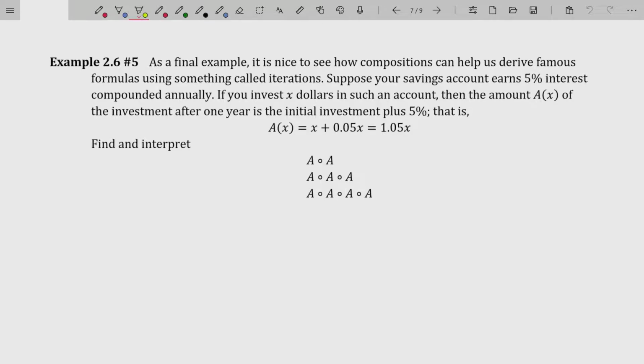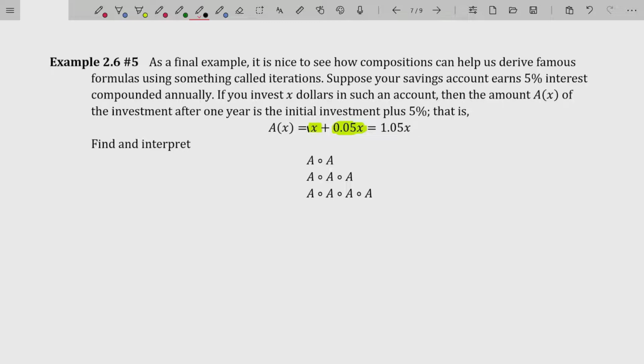After one single year, if you had invested X dollars into it, and let's just say it's simple compounding interest, so you just get 5% a year. So you have your original amount and you have 5% of that original amount that you add to it. Obviously, that is going to be 1x plus 0.05x, which is 1.05x. Great.